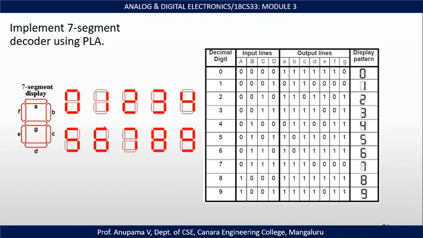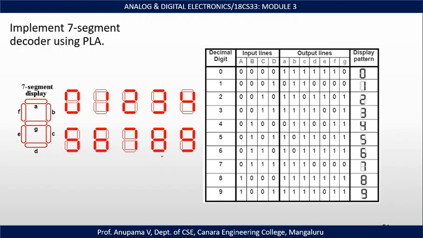The BCD 6 number is represented in this format in 7 segment display, that is LED B is off, all other LEDs will glow, hence in the output column LED B is set to 0, all other output lines are set to 1.